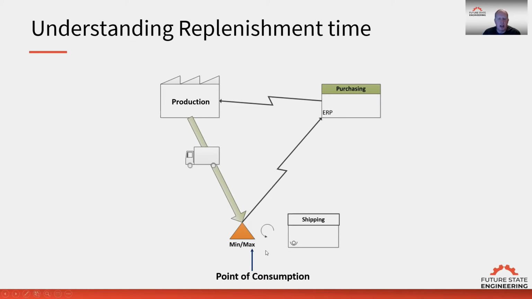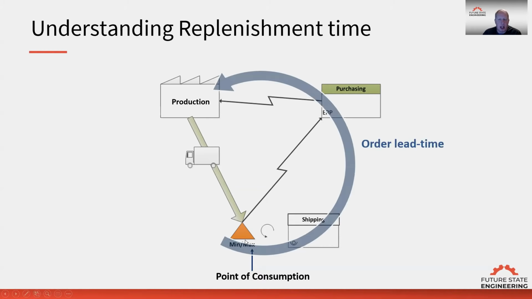Here I'm using finished goods as my point of consumption. First I'm going to measure the order lead time. When material shows up, we're using a min-max inventory system, we start the clock until it gets down to the min point and we place the order.